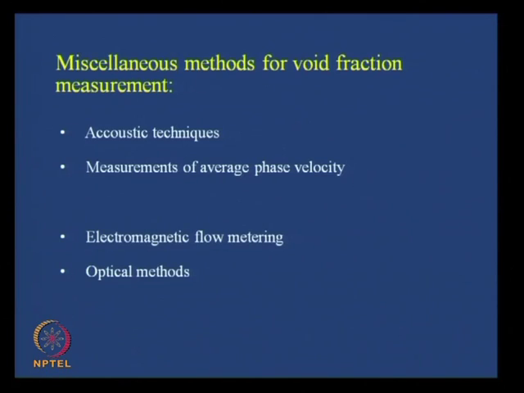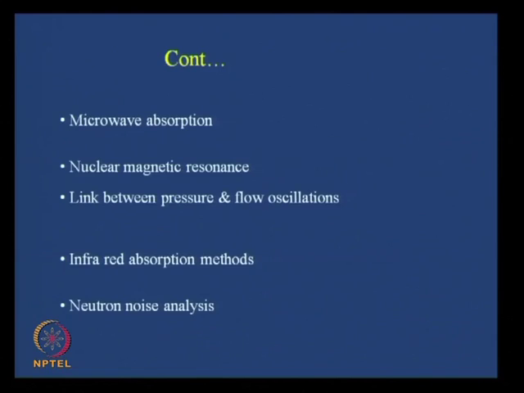See, first thing which I told you was radiation absorption. Usually we use gamma rays. Instead of radiation absorption, we can use microwave absorption. This does not have the hazards of radiation. So, this is one very good thing about microwave.